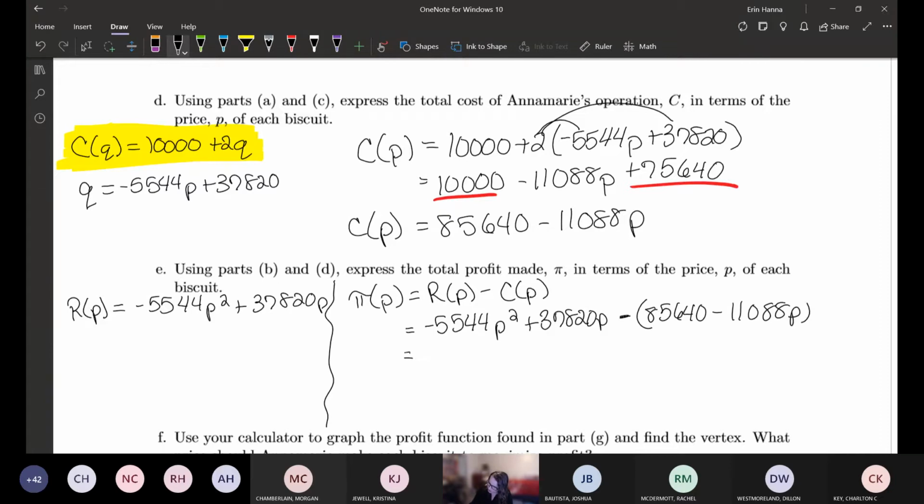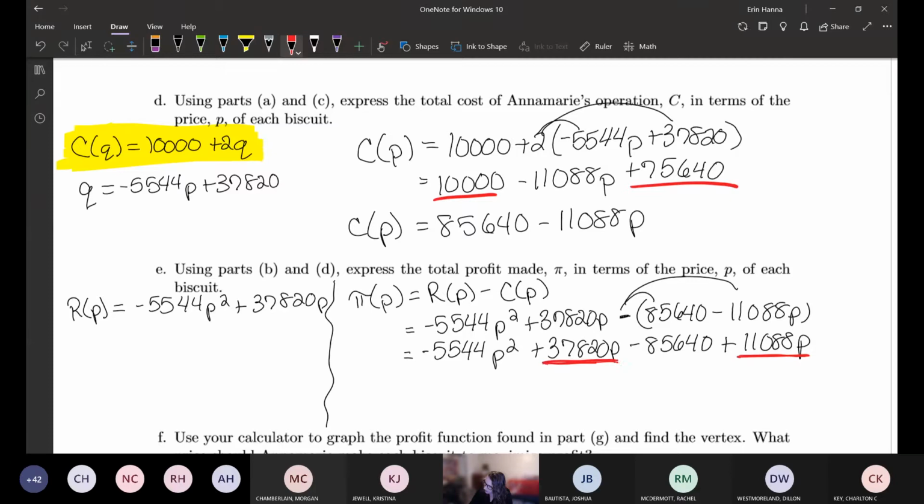I'll do an intermediate step here just in case. I would technically personally do 2 steps at once if I were doing this by hand, but let's distribute that negative. And now let's combine some things together. So the only thing we can combine together are the two terms that have P in it.